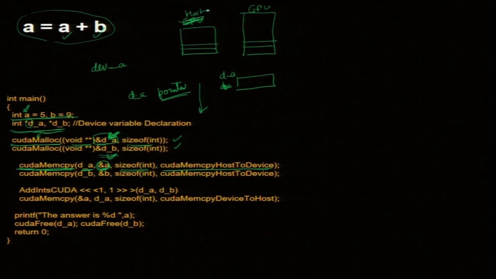So, there is a variable A and variable B. The contents of A and B have to be copied inside the GPU. This is DA and this is DB. This is what is being done by these two lines. The direction is clear, host to device.